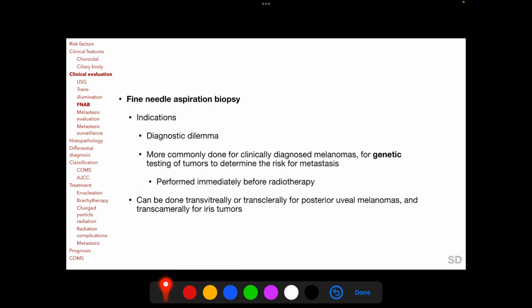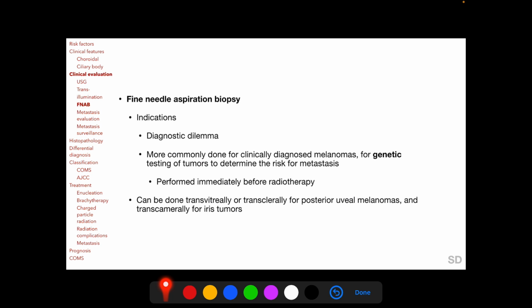One indication for fine needle aspiration biopsy is diagnostic dilemma in case of a small melanotic tumor. But fine needle aspiration biopsy is more commonly performed for choroidal melanomas which have already been clinically diagnosed and are being planned to be treated by globe-preserving radiotherapy, for analyzing the genetic profile of the tumor, because presently the genetic profile of the tumor is considered to be the most powerful factor determining the risk for future metastasis and thus the survival of the patient.